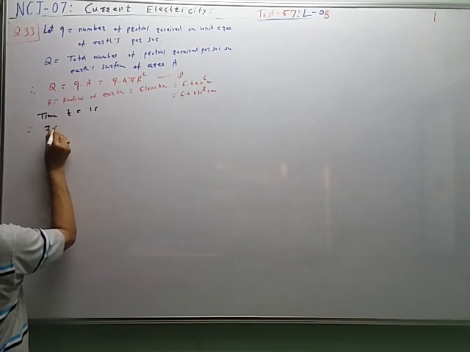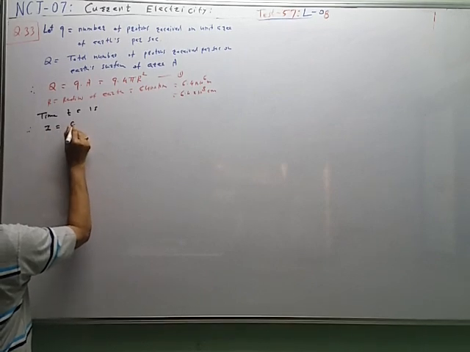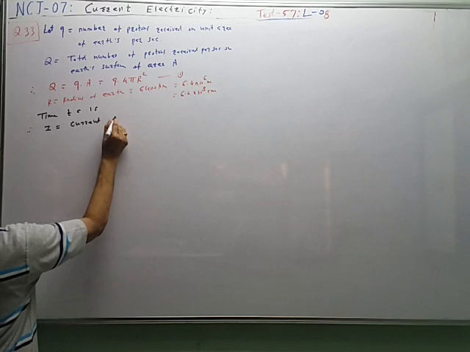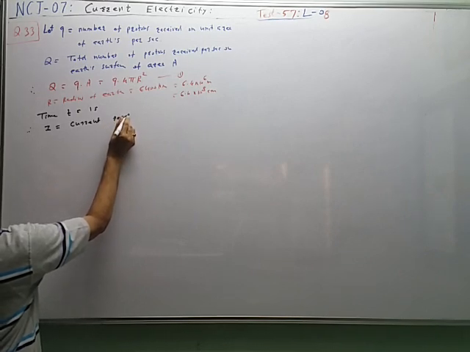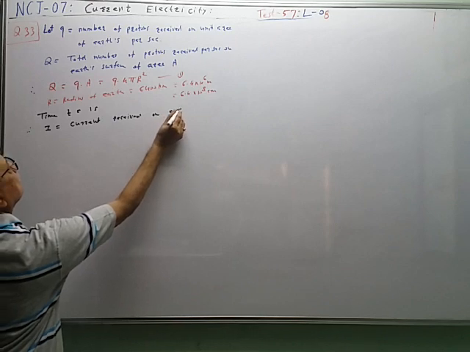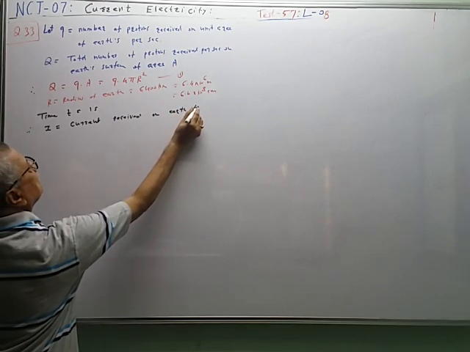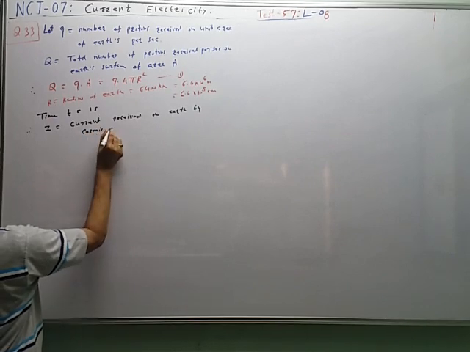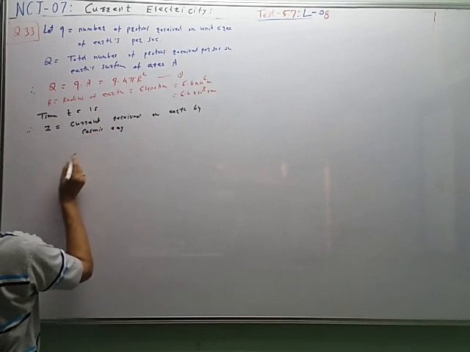Therefore, I is equal to current received on Earth by cosmic rays. It is also called as a cosmic ray current.